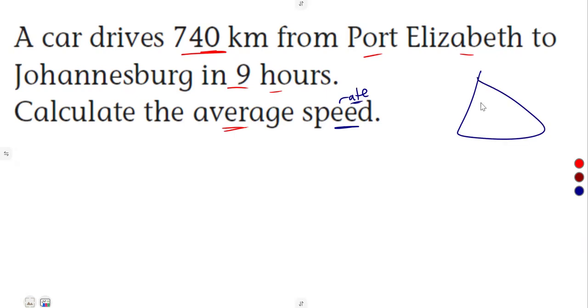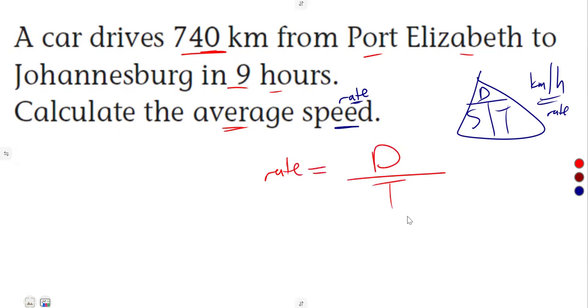Remember, I talked about that from our DST. Speed, distance over time, that is kilometers per hour. It's a rate per hour. So even if you do not know, you can write rate is equal to distance over time. Speed is equal to distance over time.